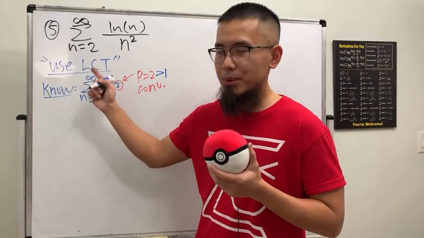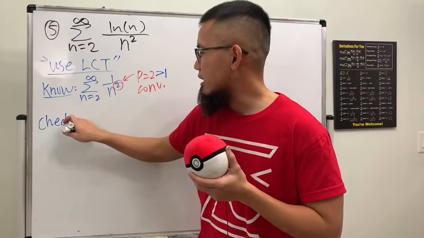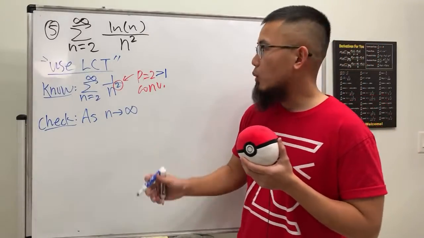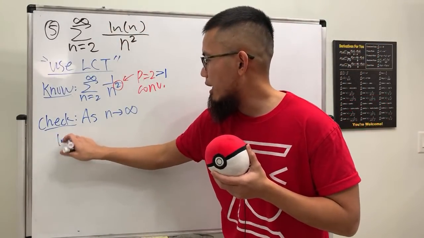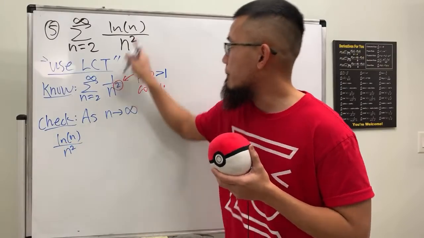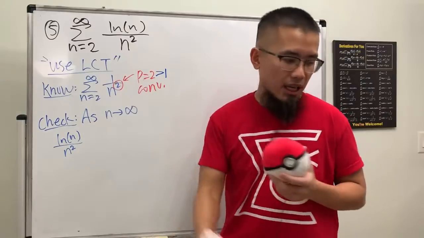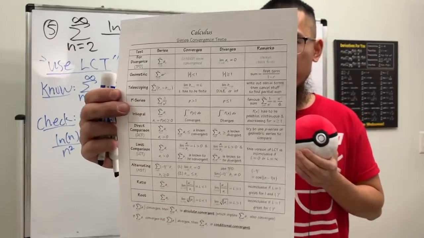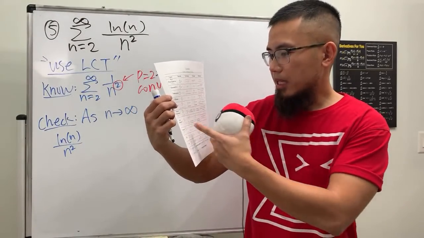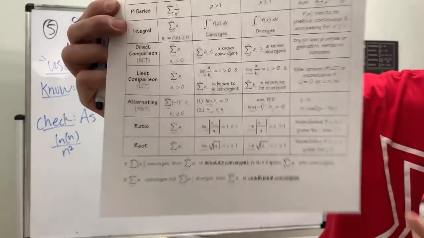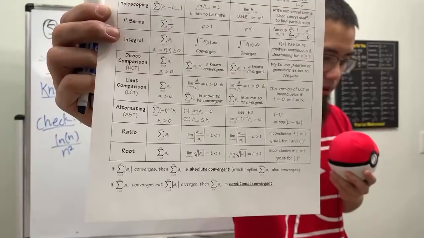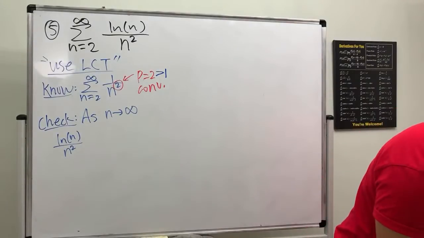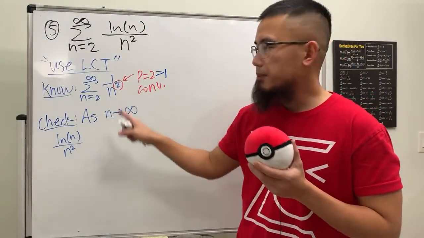If we try to do the limit comparison test, what we have to do is check the limit as n goes to infinity. We put ln n over n squared, this is the an portion. Again, if you look at the handout that I have for you for the limit comparison test, go ahead and just put down an and then divide it by bn.